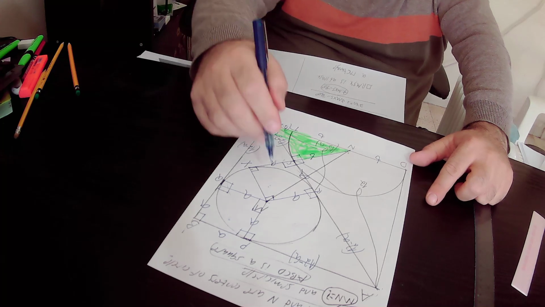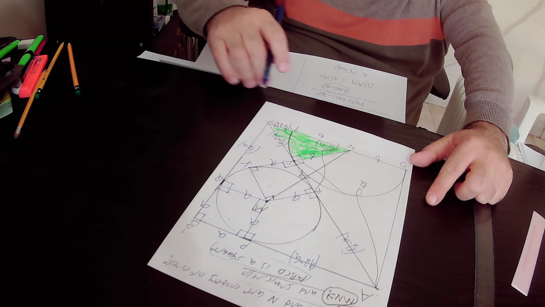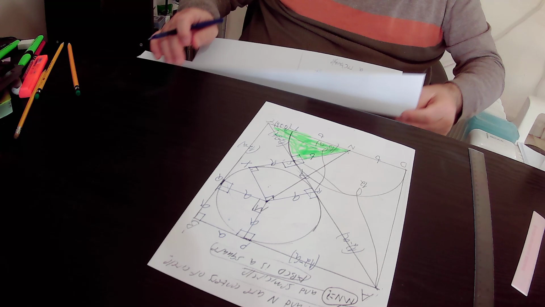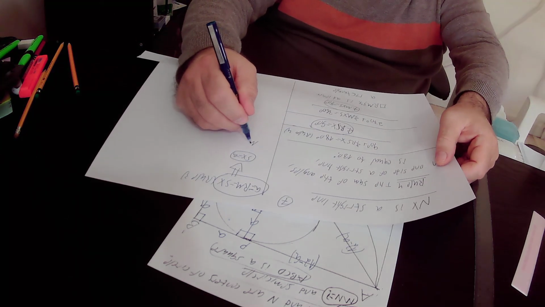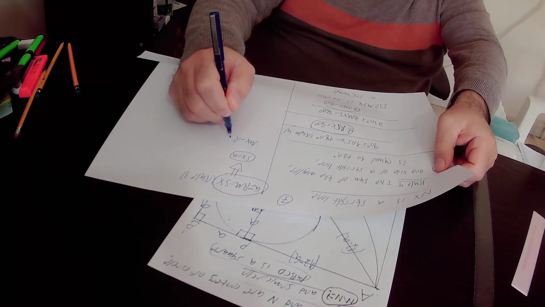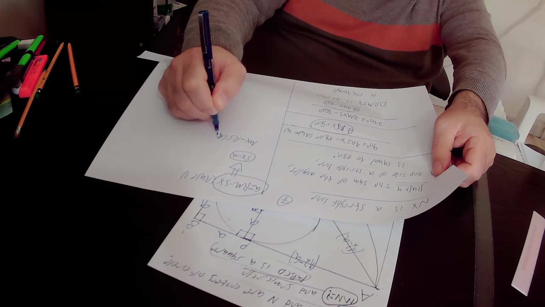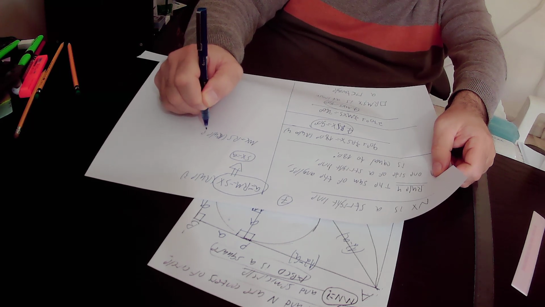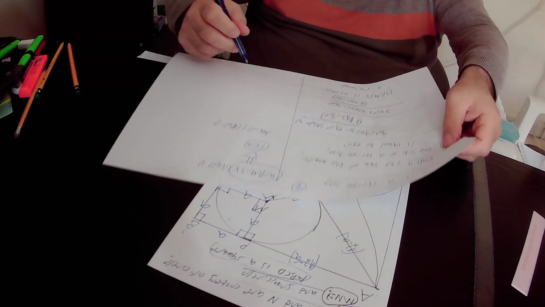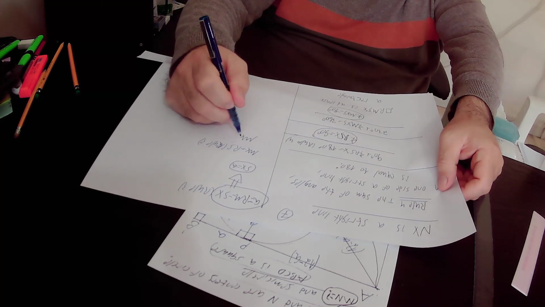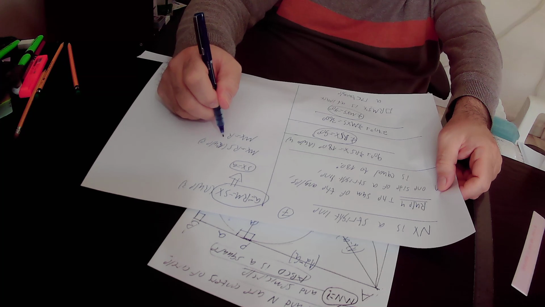Likewise, MX must be equal to RS according to rule number 3. MX equals RS according to rule number 3. Again, MX equals RS.